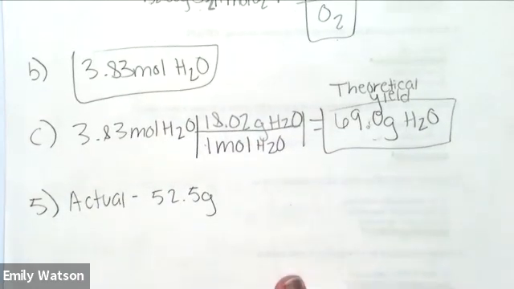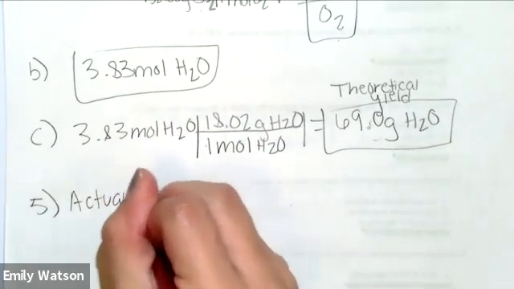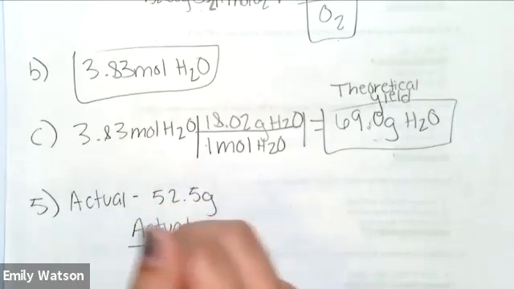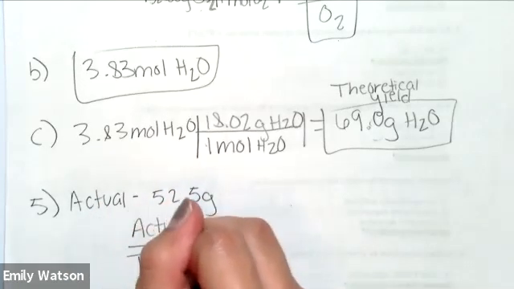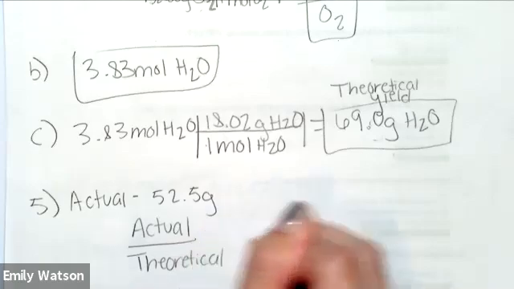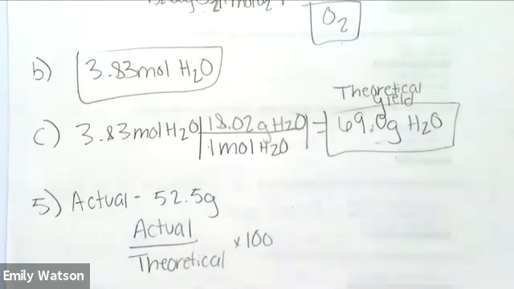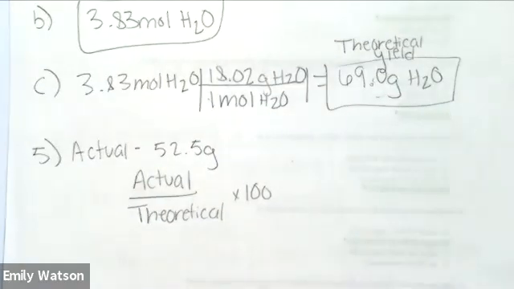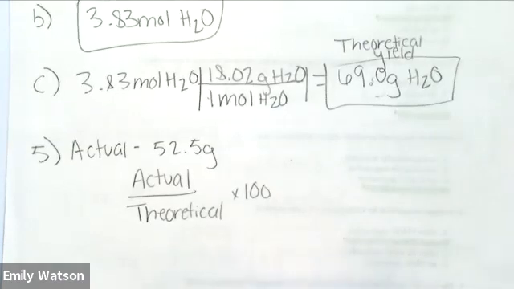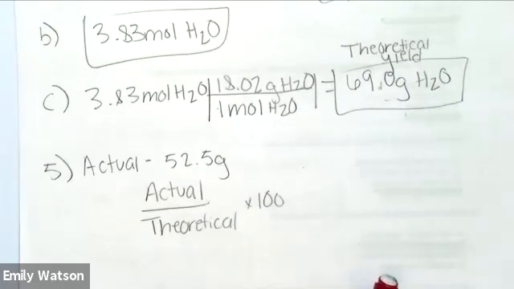So to calculate percent yield, you're going to do your actual divided by theoretical times 100. So in this case, we're going to do 52.5 divided by 69, right?